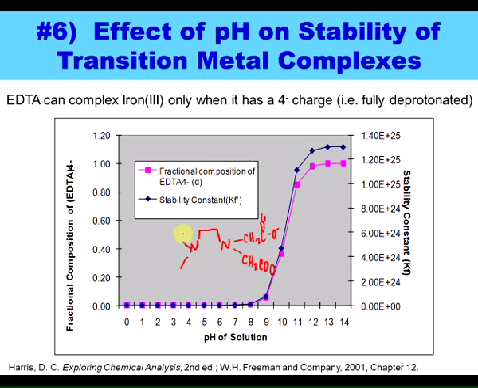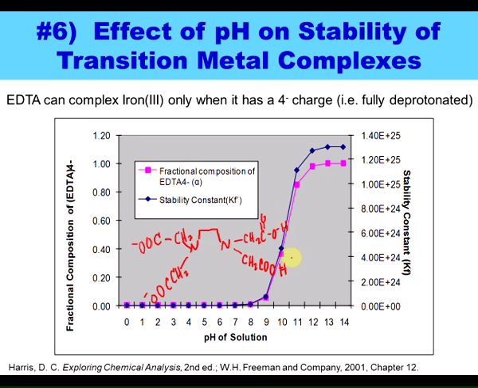So CH2, COO minus, CH2, COO minus. So you can see if the pH is very low, lots of protons, you'll protonate those carboxylic acid groups.